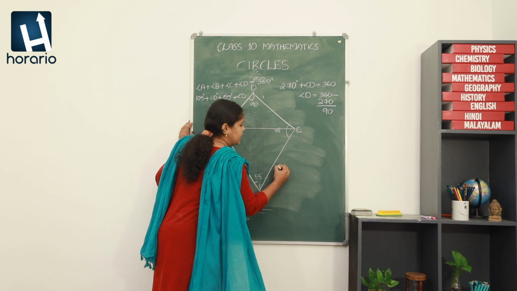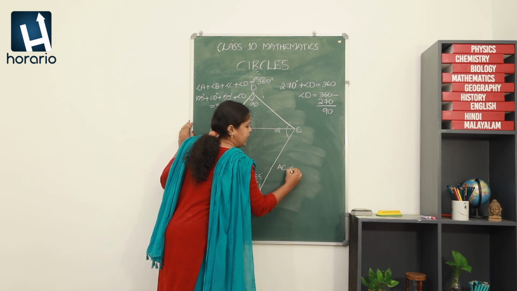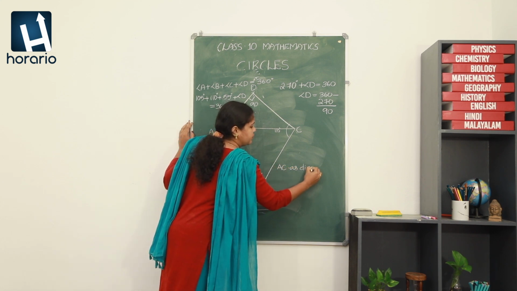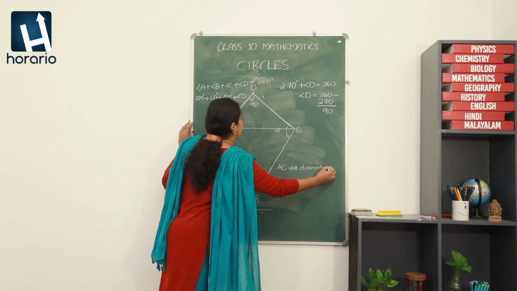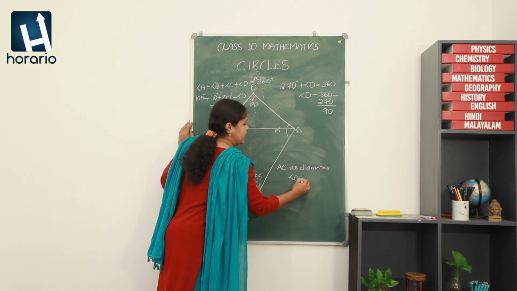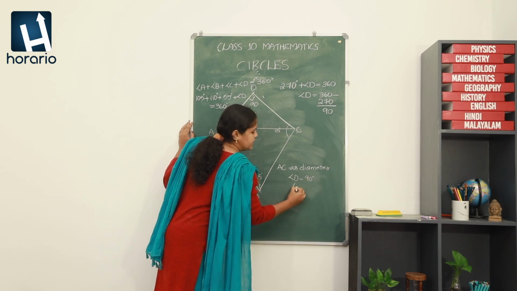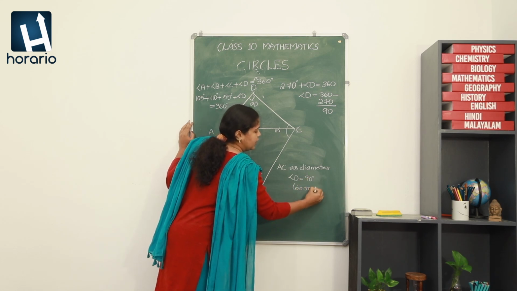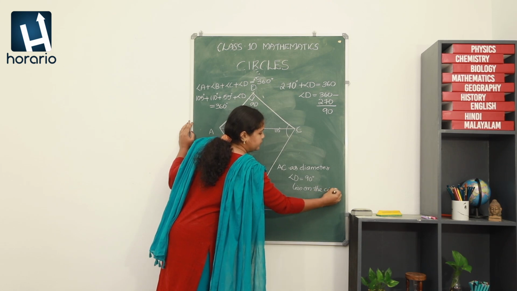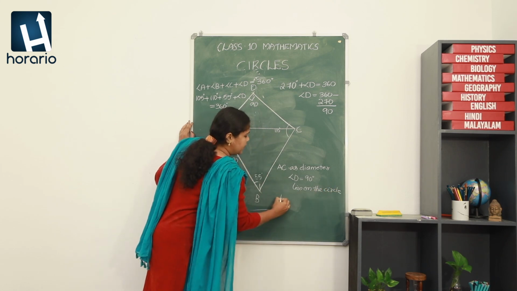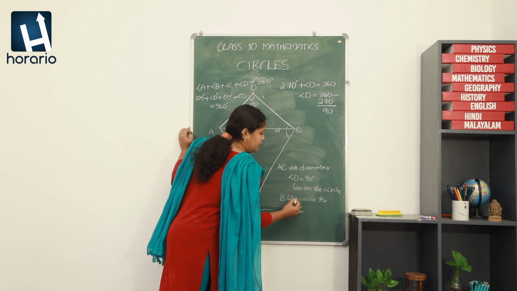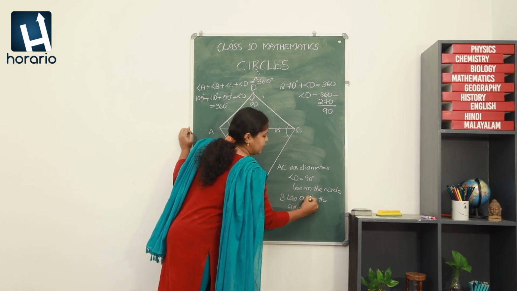So, with AC as diameter, angle D is equal to 90, lies on the circle, and B lies outside the circle.